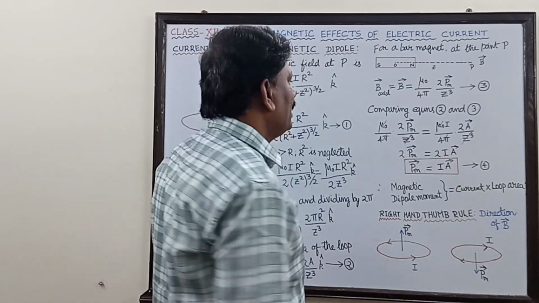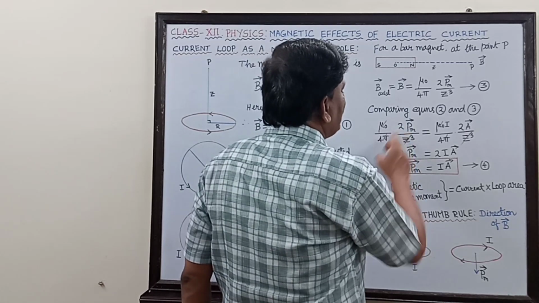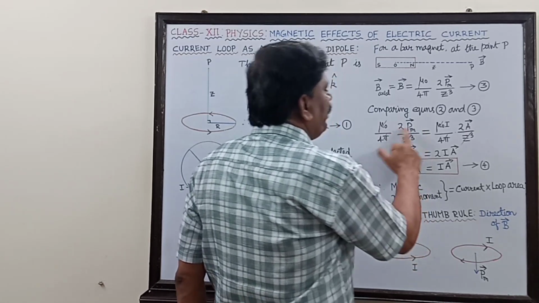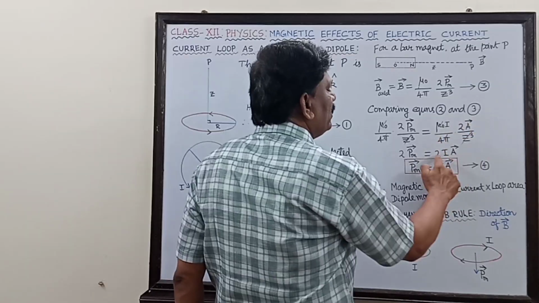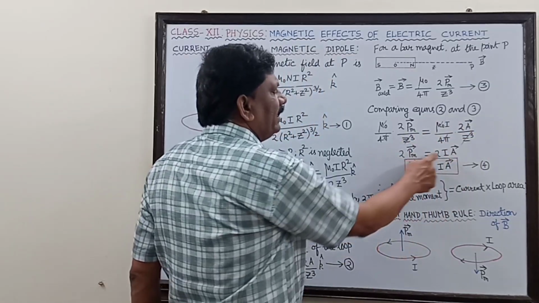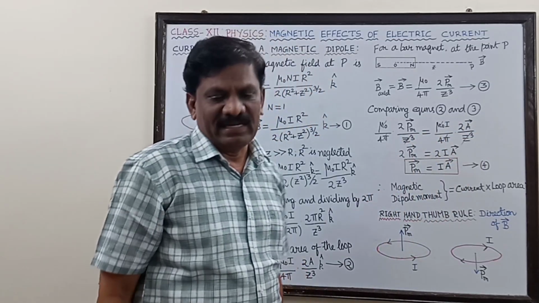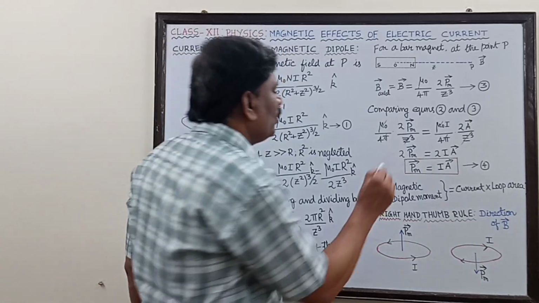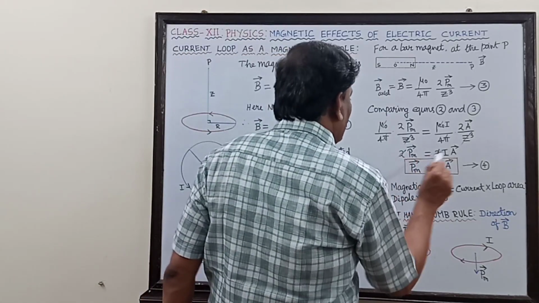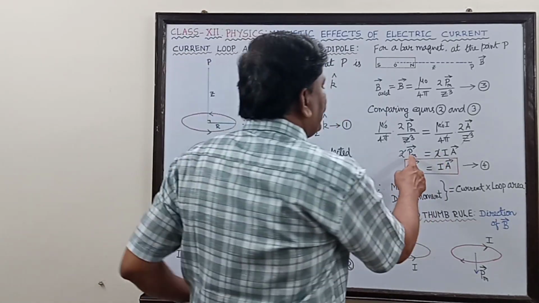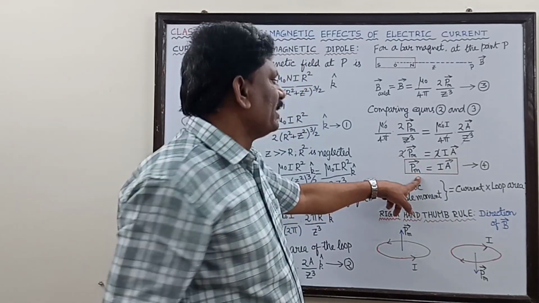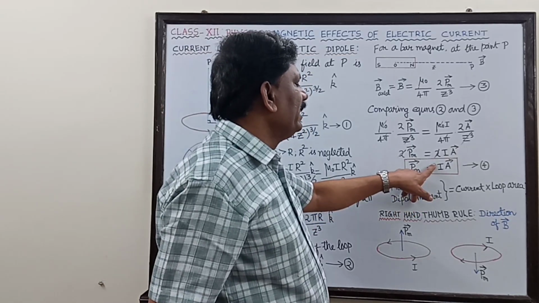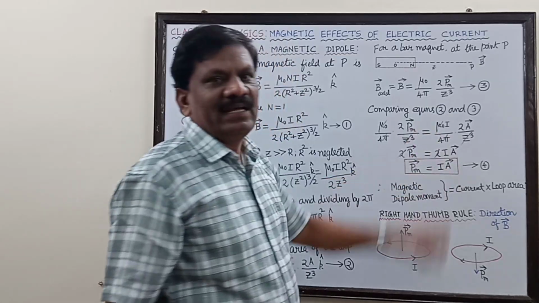So the remaining term on the left hand side is 2 pm. 2 pm is equal to 2 into I into A. So this 2 also is getting cancelled. After cancelling this 2, I can show that the dipole moment vector Pm is equal to I into A vector.